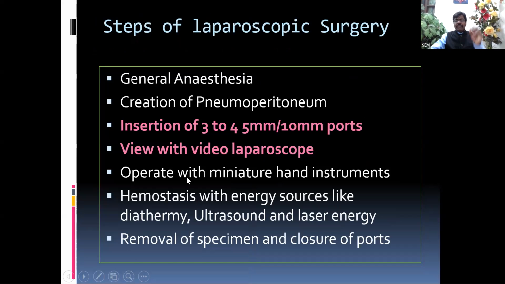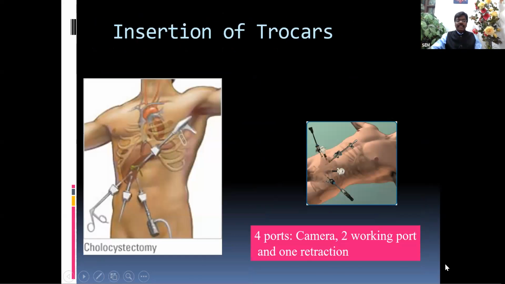Next, what we do? We put the Veress needle and inflate the peritoneal cavity like a bellow or a balloon. So your abdomen is now like a nine-month pregnant lady's, a big abdomen, in which you make tiny 5 mm holes, through which you pass ports. These are called trocars, about the breadth of your index finger.